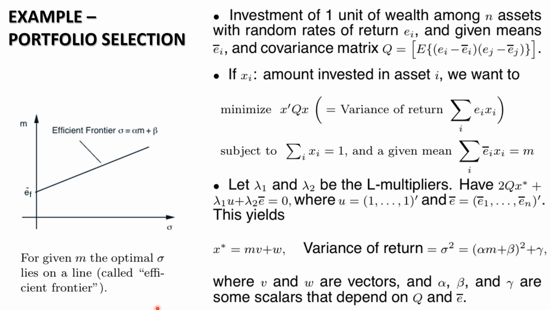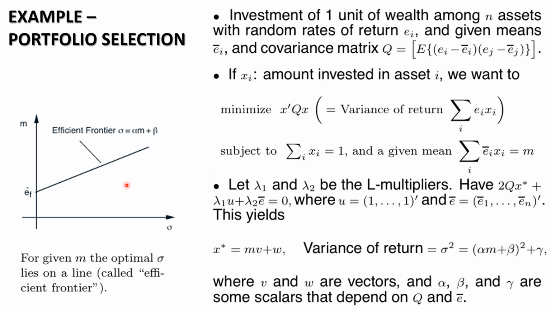We can represent this in geometrical form like that. Here, for a given m, the optimal sigma lies on the line called the efficient frontier. This is a classical convex quadratic optimization with a closed-form solution, and the solution balances maximizing return and minimizing variance.